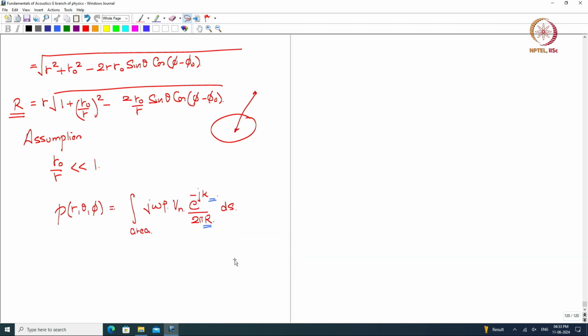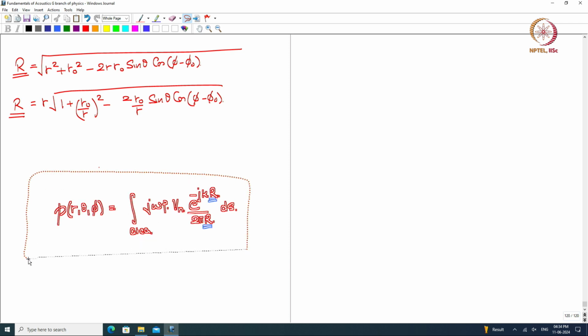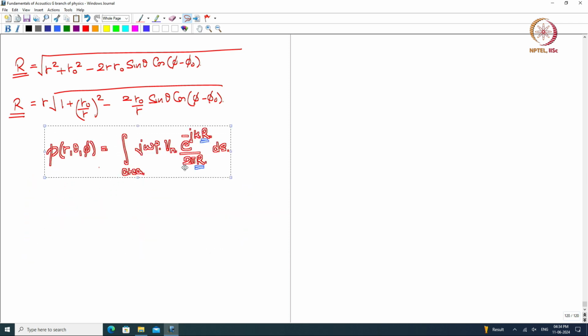So this is the Rayleigh integral. Somehow the r went missing, so we'll put it in there. This is the Rayleigh integral, and this is what r turned out to be. So before I make this approximation, let's discuss that part. Now if I substitute r in here, what do we get?